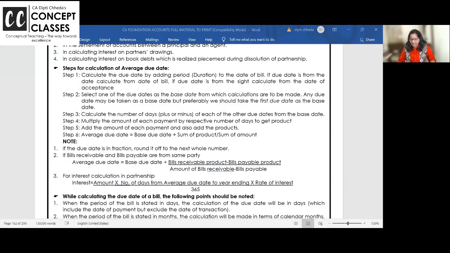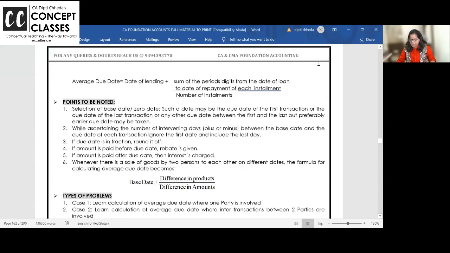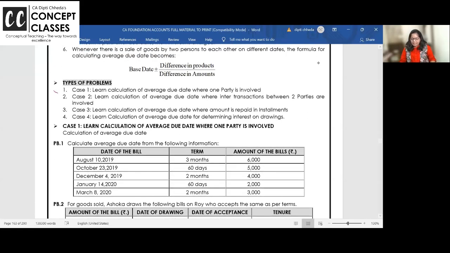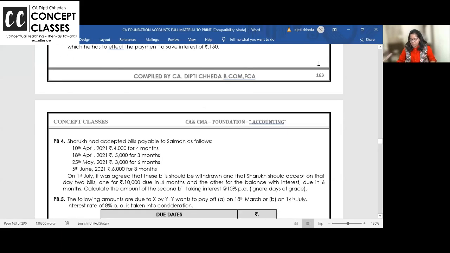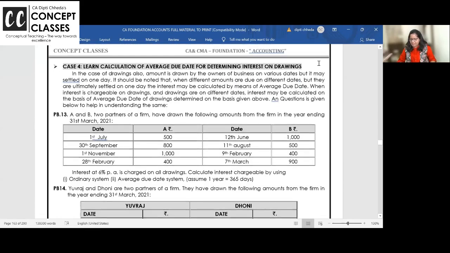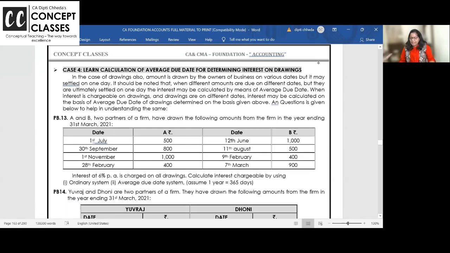Yes, average due date, we have finished with all this. Types of problem: calculate average due date when one party is involved, over. When 2 parties are involved, over. When repayment is in installments. The last part we are doing today, we'll use it for calculation of drawings. In case of drawings, amounts are drawn by partners, owners of the business, but may be settled on one day.